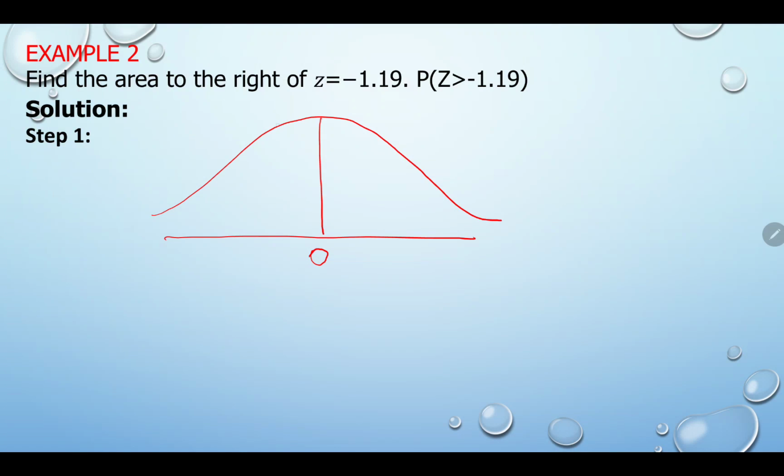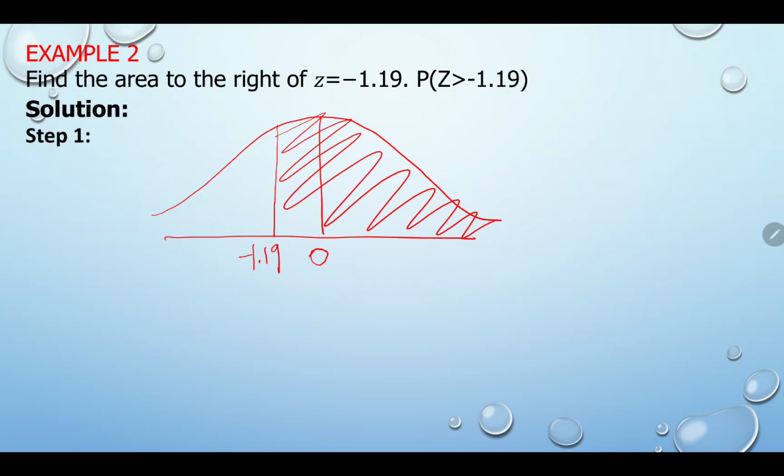Negative 1.19, nandito siya. And then, to the right. Yan, to the right. Okay, mapansin mo, greater than 50% ulit. According to the rule, pag to the right siya, kapag nag-solve tayo, that will be 1 minus kung ano yung makukuha natin sa negative 1.19.